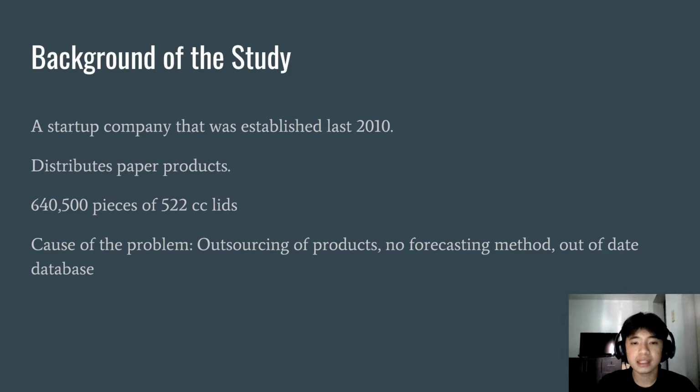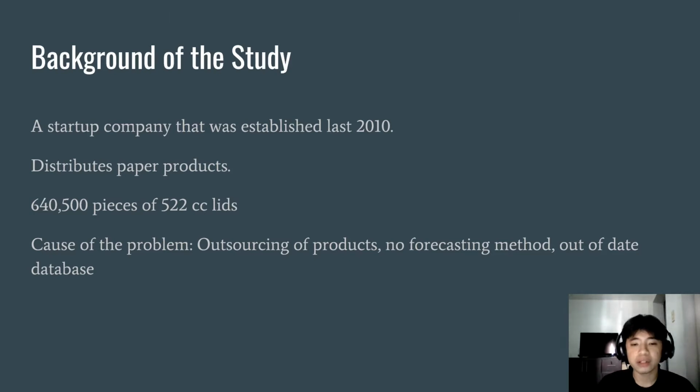In 2018, they were not able to supply the 640,500 pieces of 520cc lids products for 9 months from January to October. This deviation was caused by the following reasons. 1. Subcontracting of Little Cup from other countries such as China due to their inability to manufacture their own products. 2.